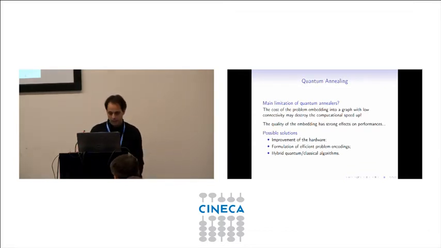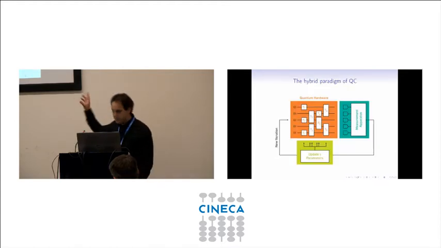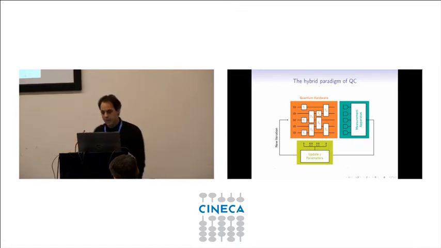We can apply classical combinatorial calculus to formulate efficient classical preprocessing to represent the problem in the quantum hardware. Or, and this is our strategy, the formulation of hybrid quantum classical algorithms. So this is a picture showing the general hybrid paradigm of quantum computing, where the quantum hardware is embedded in a classical iterative structure in order to improve the performance of the quantum hardware itself.